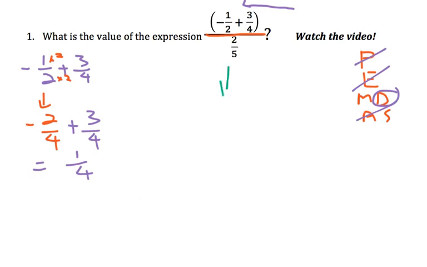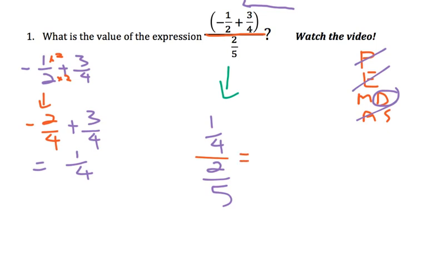And now we can rewrite this problem. So on top of the fraction bar, I have 1/4. And on the bottom, there's still 2/5. Alright, so now all we have left is this division. And I remember that one way we can do division is just by changing it into multiplication by multiplying by the inverse.